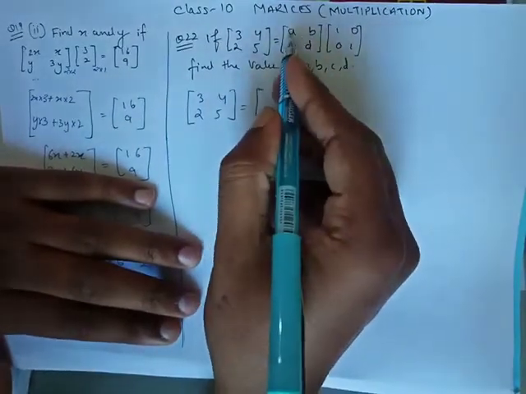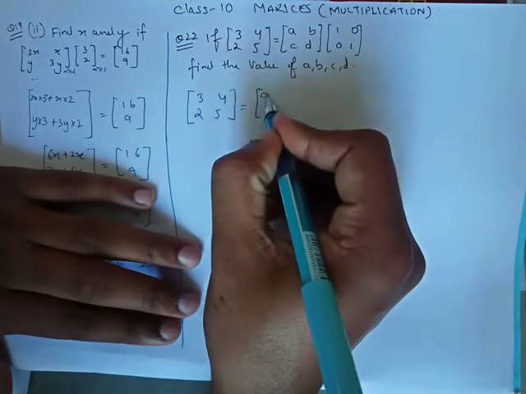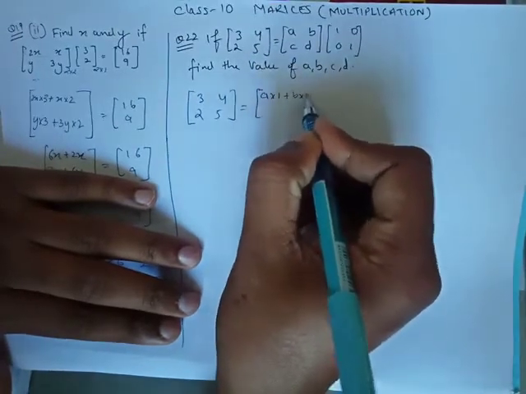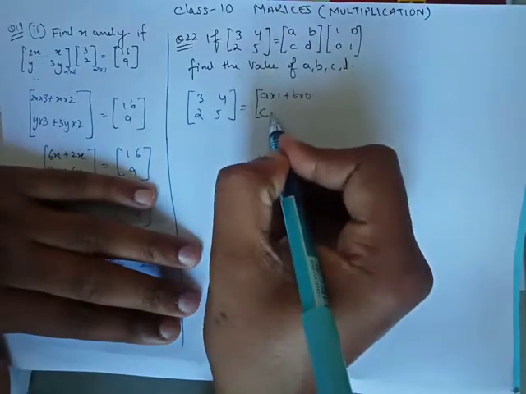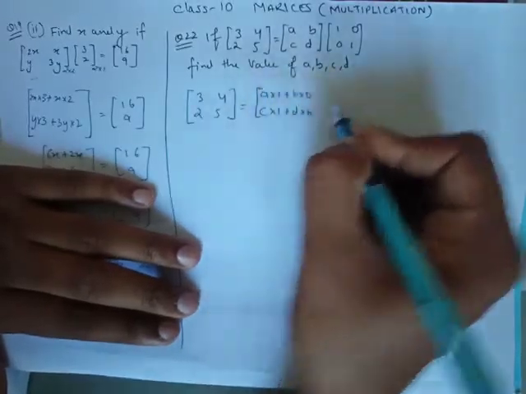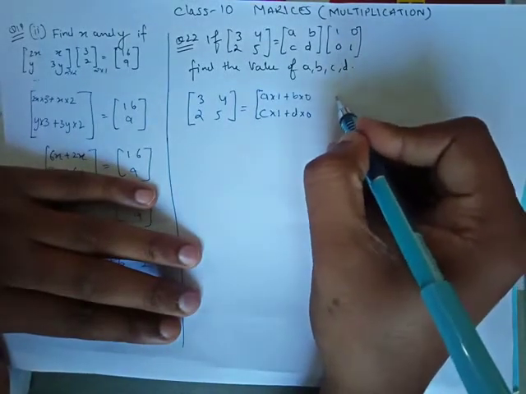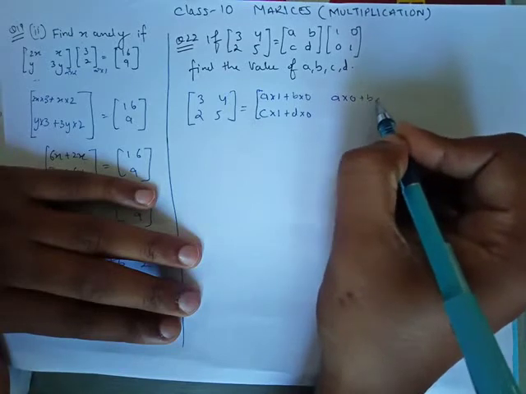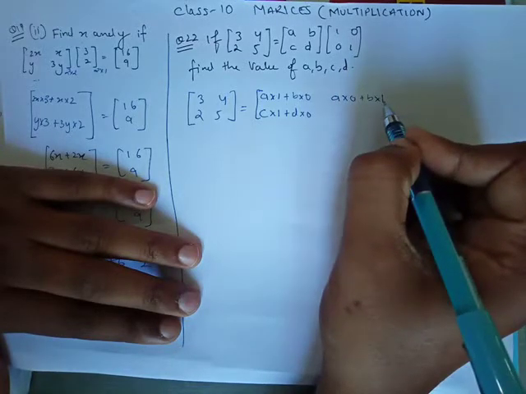So how is it going to get multiplied? First row and the first column, a into 1 plus b into 0, and then c into 1 plus d into 0, and this is going to be a into 0 plus b into 1, right?